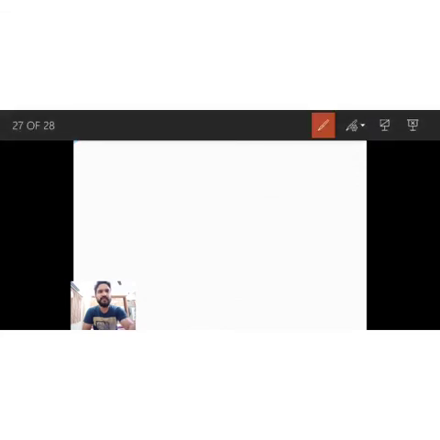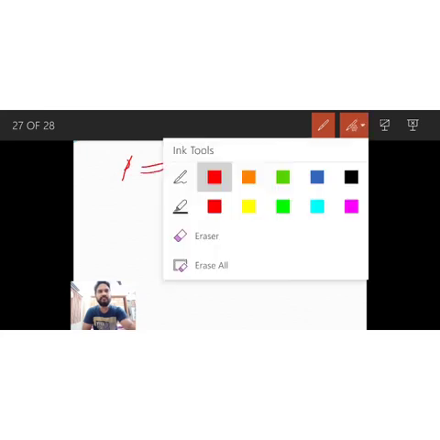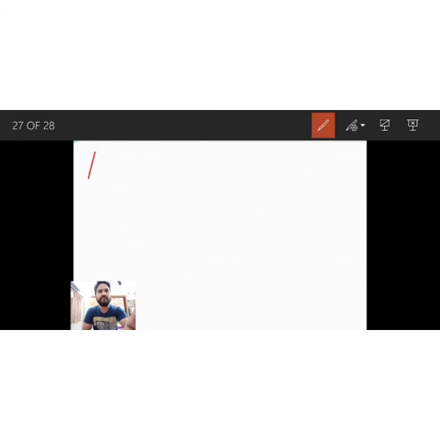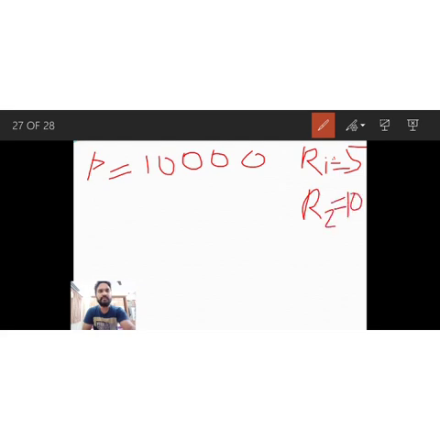Suppose we have P equals 10,000 and R1 equals 5%, R2 equals 10%.